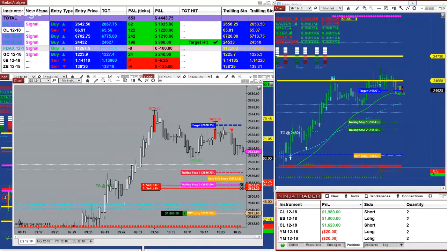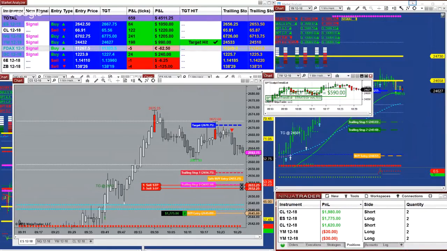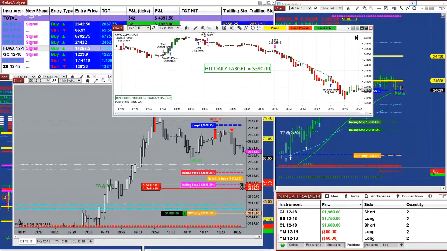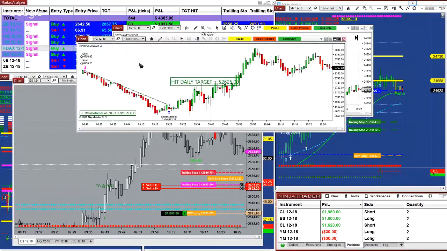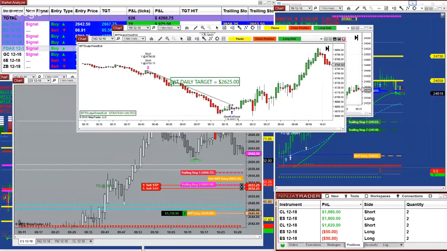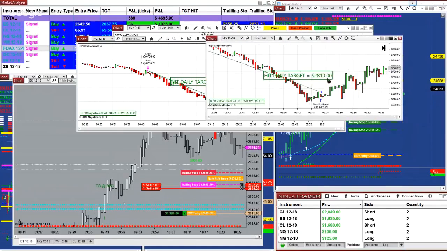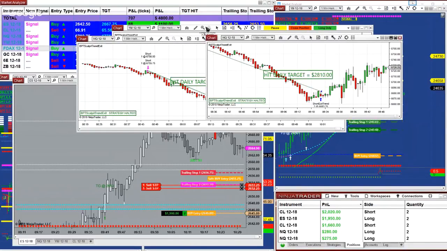On the filtered one, the YM, $590, the NASDAQ 2625. There's $200 between the filtered and unfiltered. This one unfiltered 2810, and this one here 2625.